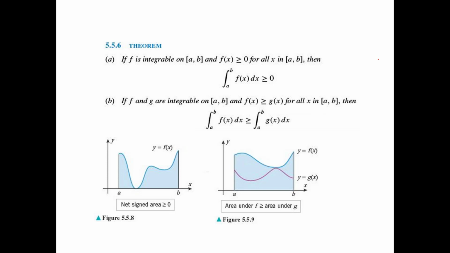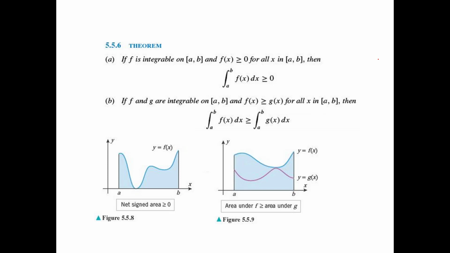We have another theorem, fairly intuitive. If f is integrable on the closed interval from a to b, and f of x is positive for all x in [a, b], then the definite integral is positive. That should make sense. If your output is always bigger than 0, then your area under the curve is going to be positive.